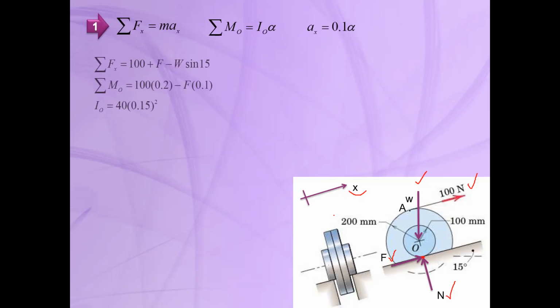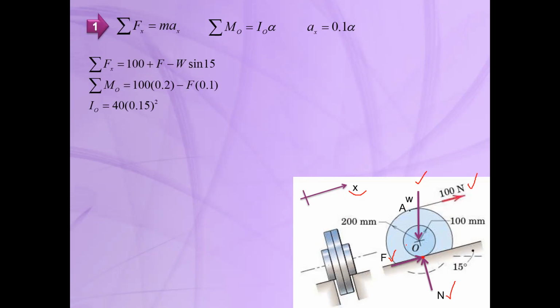We assume this coordinate system x, which is parallel to the incline, and the positive direction of the x-axis is upward. Now we can write the force equation in x direction, the moment equation, and obtain the acceleration.